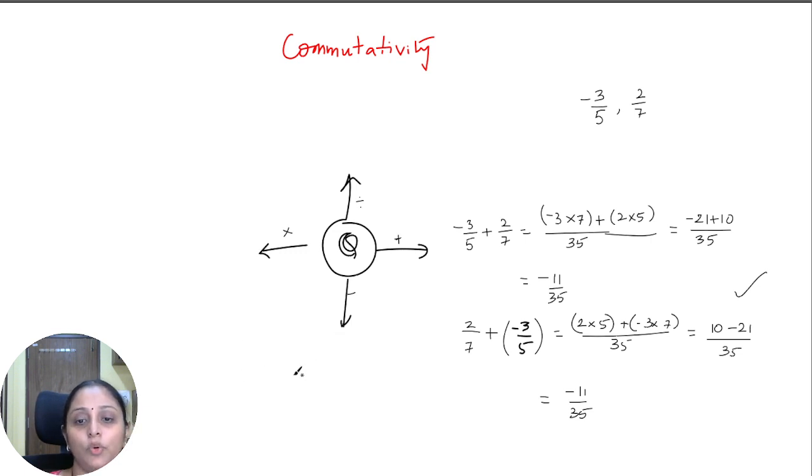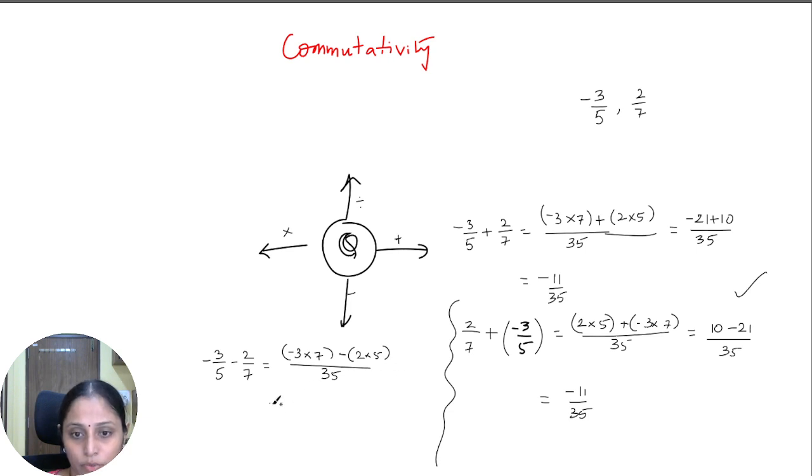Now let us come to subtraction. Minus 3 by 5 minus 2 by 7 is equal to, over 35, minus 3 into 7 minus 2 into 5, which is equal to minus 21 minus 10 by 35, which is equal to minus 31 by 35, right? Now if you look at b minus a, what is b minus a?